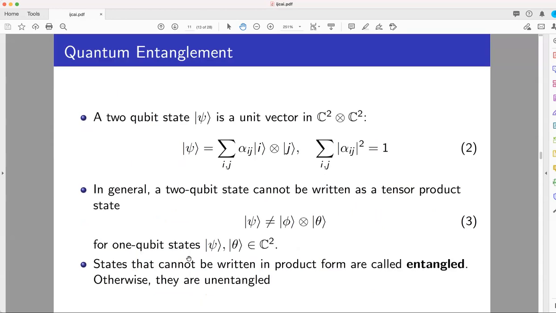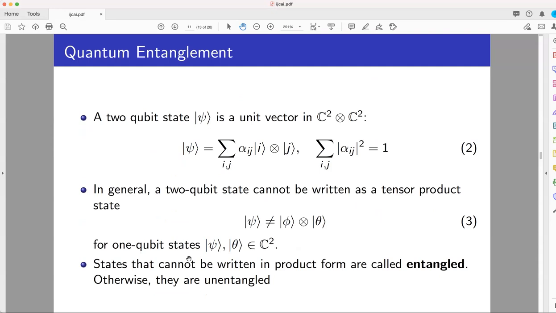The second is the definition of quantum entanglement. Quantum entanglement means that for two qubits, imagine we have a two-qubit state in the tensor product of two Hilbert spaces.